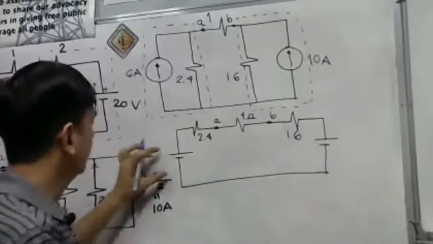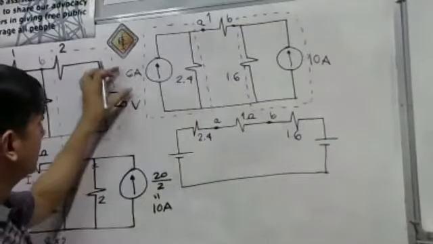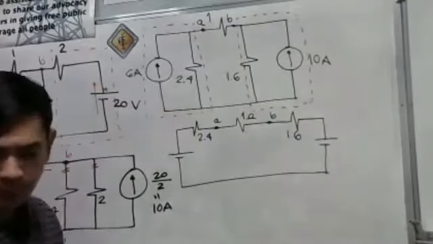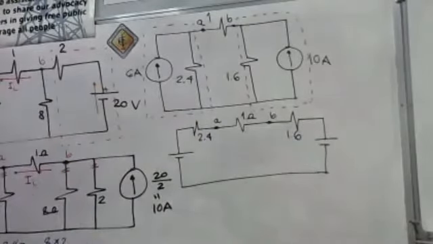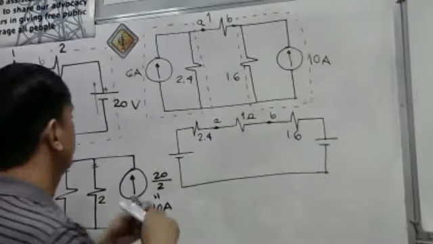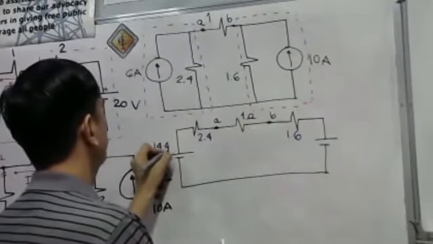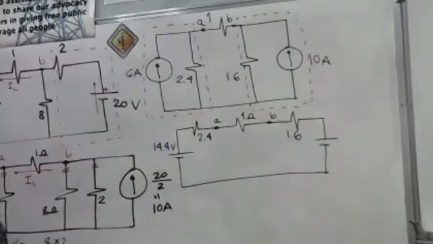What about the voltage here? By Ohm's law, we have the current times the resistance. So we have 6 times 2.4, and that is equal to 14.4 volts.